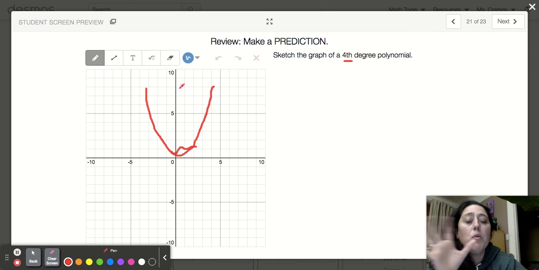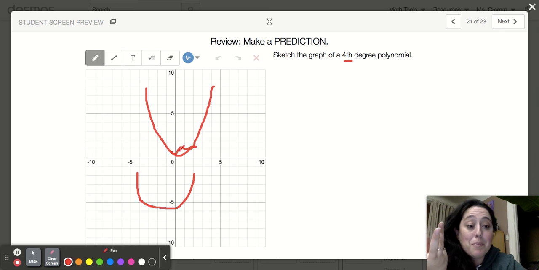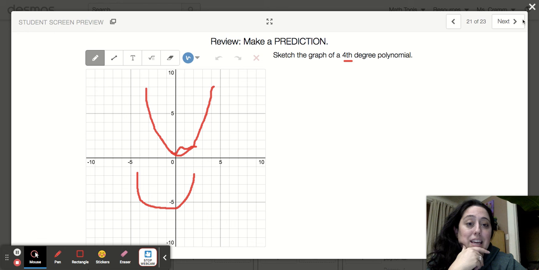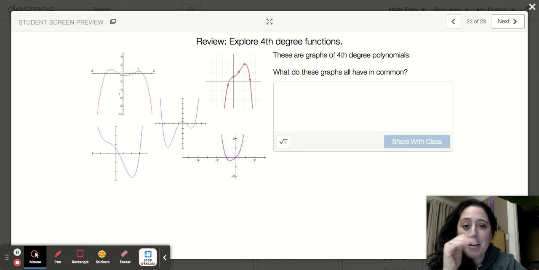Who knows? We'll get to that. But the end functions are really important in sketching this fourth degree polynomial. You also sometimes get something like this where it just kind of flattens out a little bit more than a normal parabola. So it can have different amounts of bumps, or maybe not so many other than turning around.